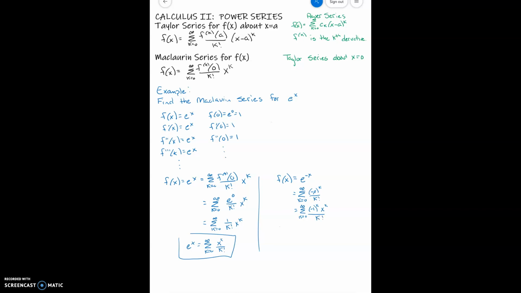How about f of x equal e to the negative x squared? Well, similarly, now that we know what this is for e to the x, we'll simply replace that x with negative x squared.